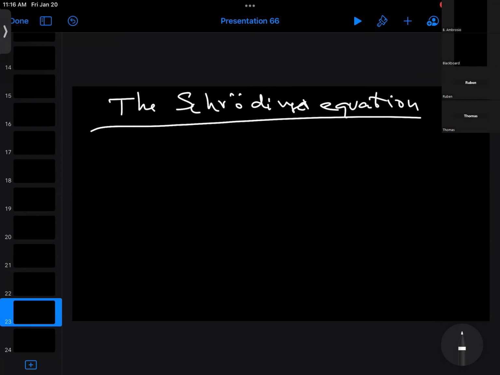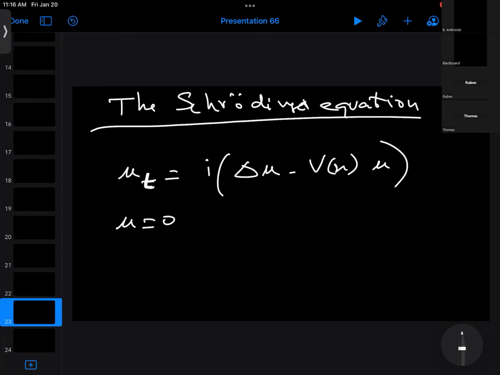The Schrodinger equation gives you u_t equals i Laplacian u minus v times u. Let's say that u equals 0 on the boundary.